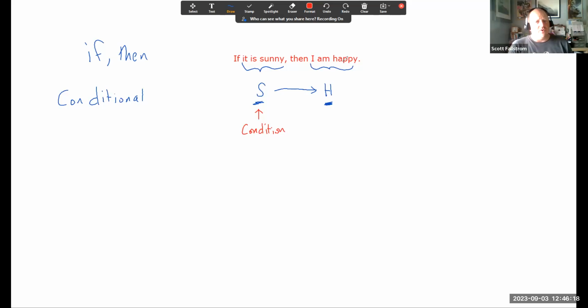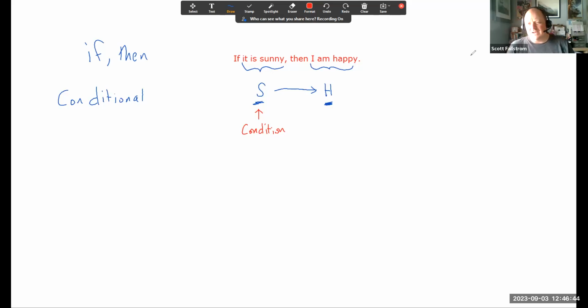Now, it's important to note that it does not say that the only time I'm happy is when it is sunny. It doesn't say that. It says, if it is sunny, then I am happy. There might be a lot of other ways that you're also happy. Maybe if someone gives you $100, you are happy, right? I mean, so there's a lot of other things. This is just a condition that gets you into this other piece called happiness.